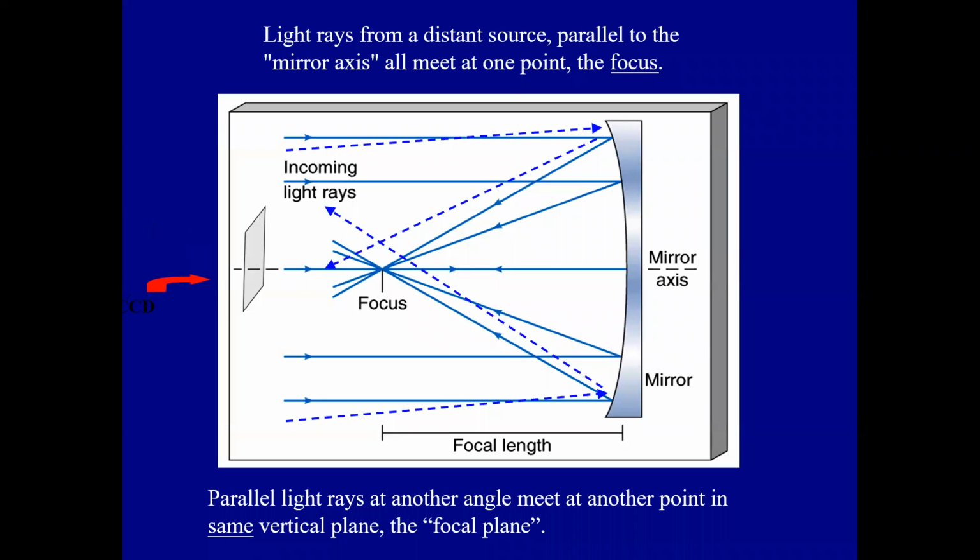So if you place a camera, a CCD camera, or even a human eye here, you can see this object, right? If you take the light coming from many objects, even though they are in different places and at different angles, all these points of light will be focused on a single plane.